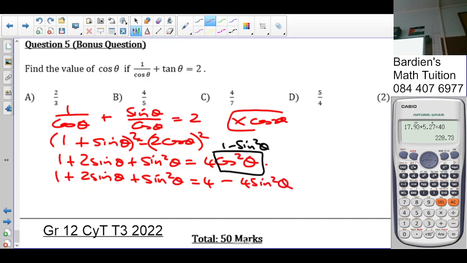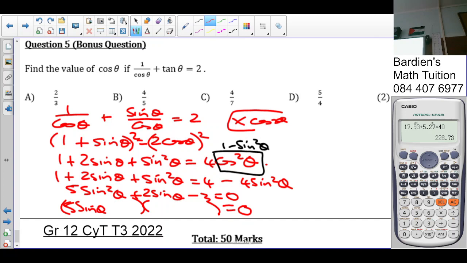Okay? So that gives us 5. Wait, I think I'm going wrong here, sir. No, it's not. It's going to be 5 sine squared theta plus 2 sine theta minus 3 is equal to 0, which is a trinomial now, not so? So you're going to get 5 sine theta and sine theta.